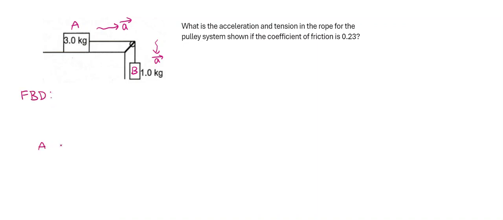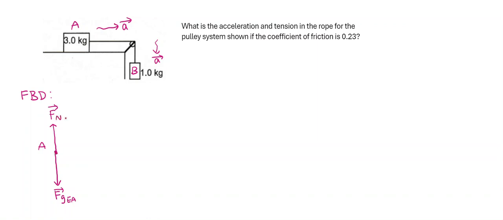For A, we obviously have the force of gravity. And then we also have the normal force from the table, which is pushing against the gravity.